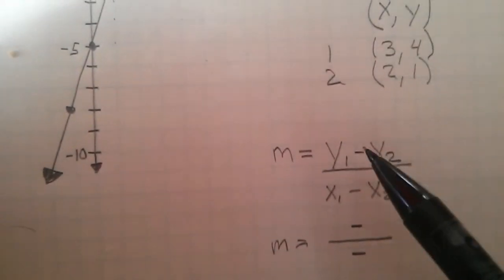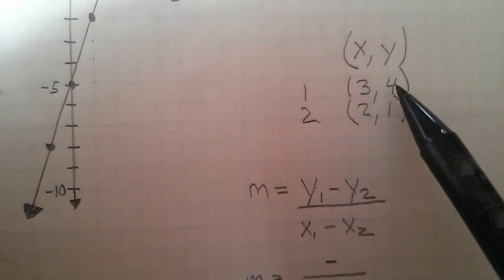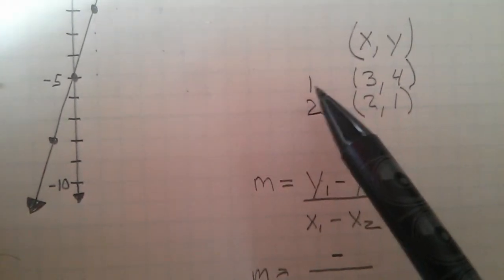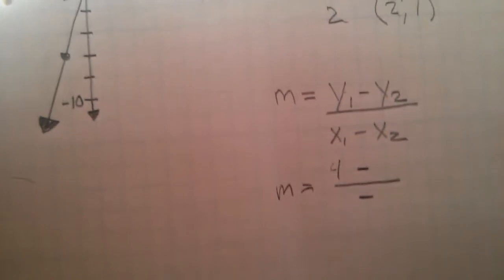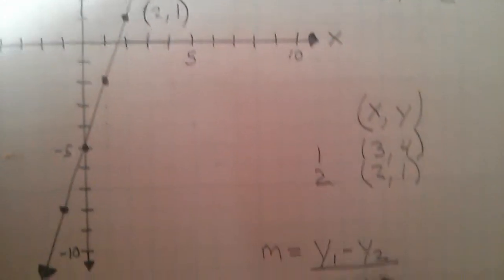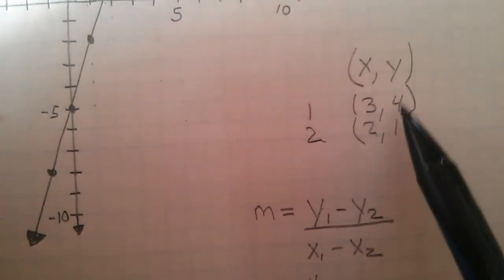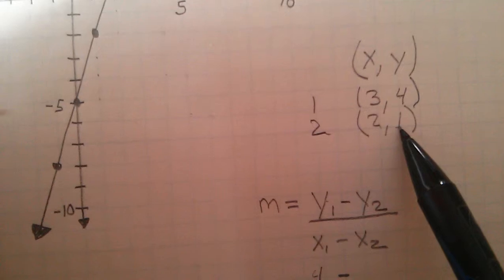So I need to find the y1 value. It's the y value for my first point, so it's a 4. Now I need the y2 value. Here's the column for the y, and here's the second point. So that's my y2 value.